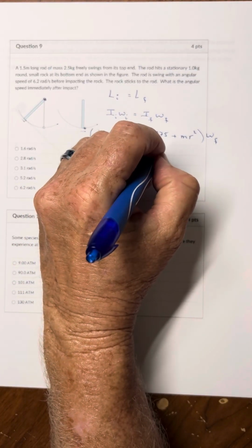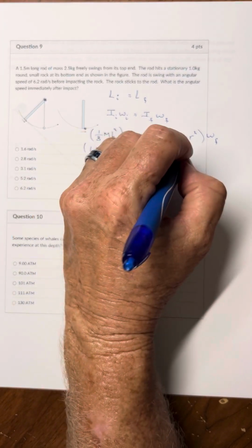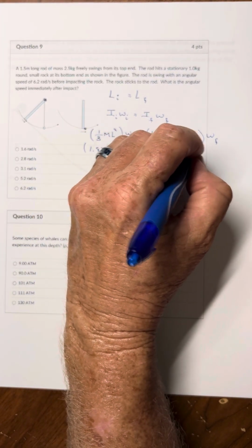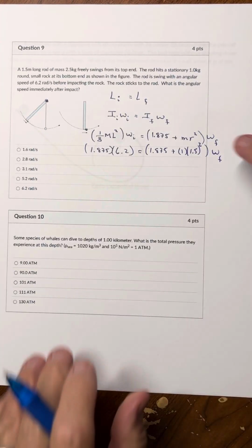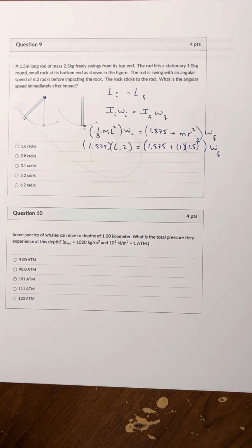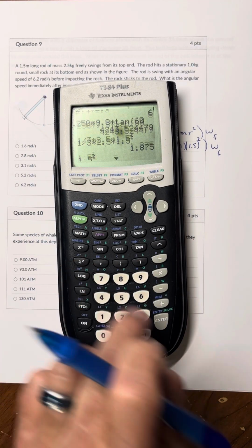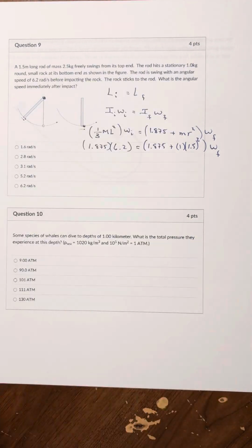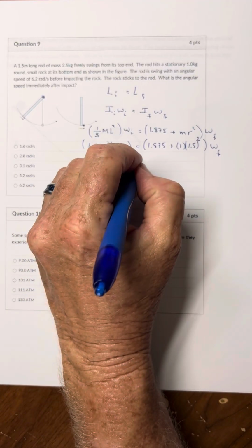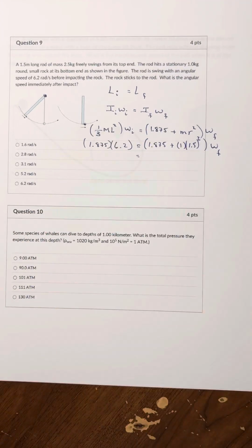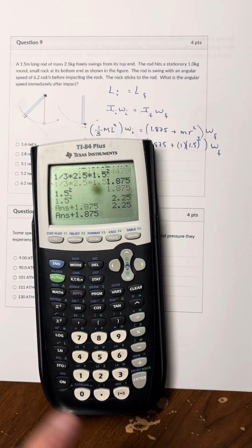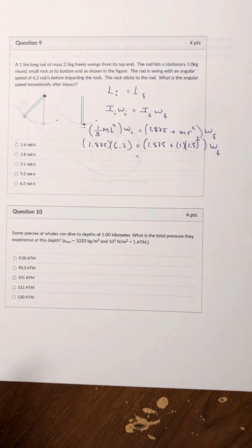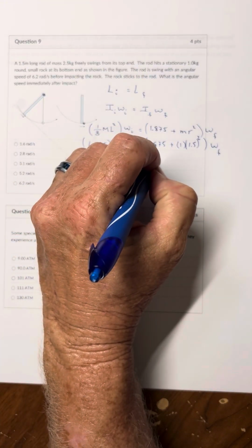So 1.875, and its mass is 1, and its distance would be 1.5 meters from its pivot point. And 1.5 squared must be 2.25. All right. And so if I add that to the inertia of the rod, this side is 4.125.